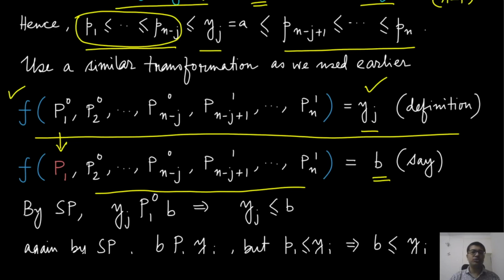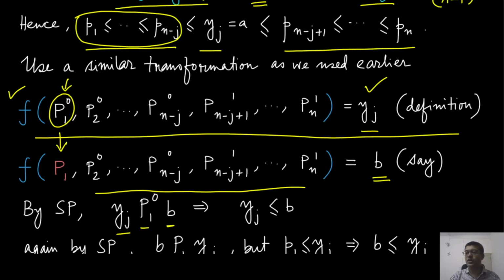Now how should we prove this? We know that because the social choice outcome is yj here, yj should be strictly preferred over b in this original profile, because if that is not true, player 1 would manipulate in that profile.